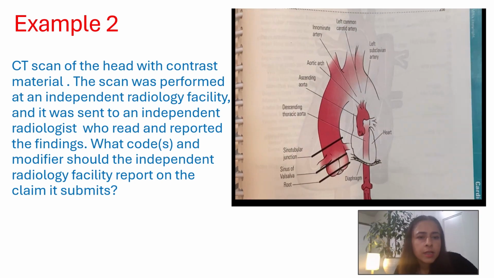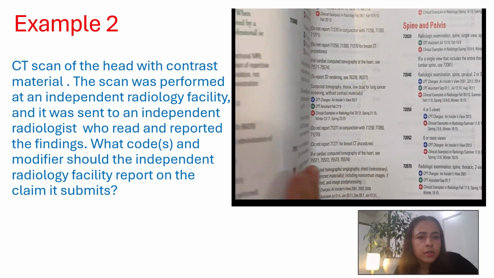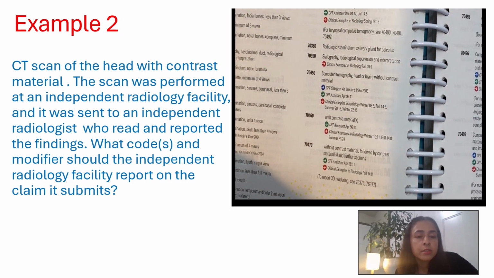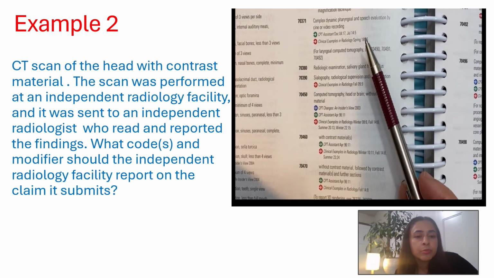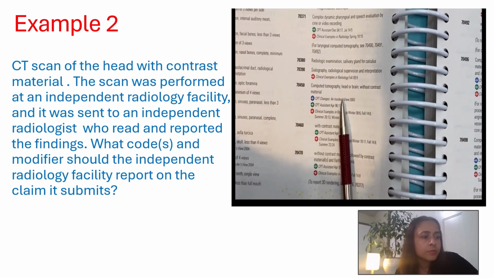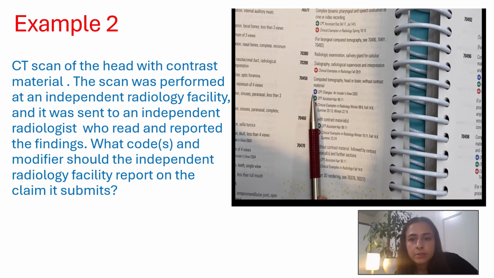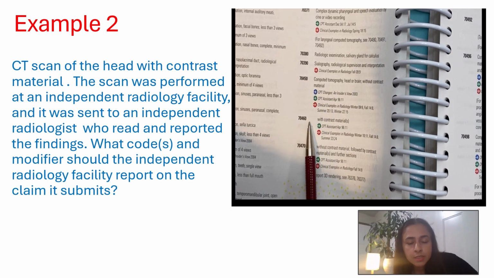And here the question is asking what code the independent radiology facility should report. So it's the question about who performed the procedure. It's computed tomography of head without the contrast, but our question is with contrast, so it's 70460.